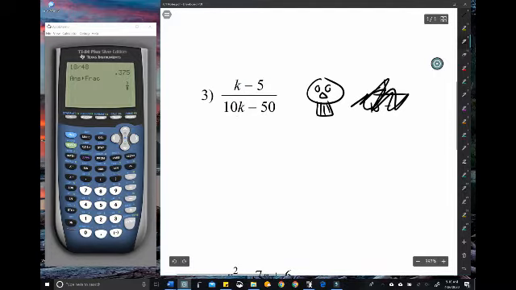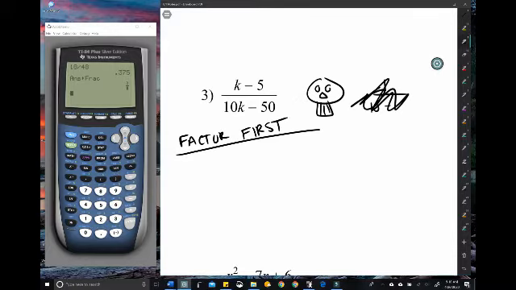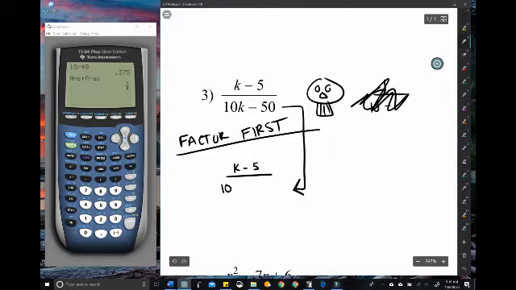What you do need to do is factor first. Factor first. So factor the denominator by removing a GCF. So it's k minus 5 all over 10 and 50, each share a 10, and we have k minus 5.